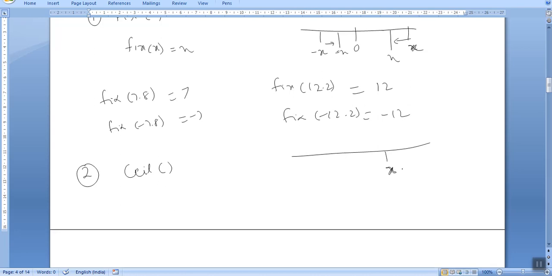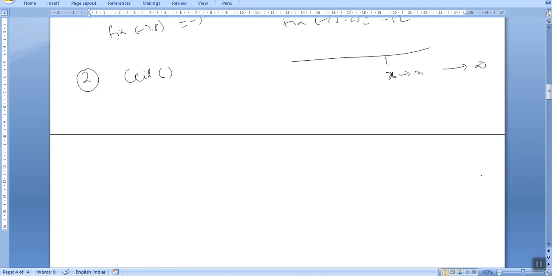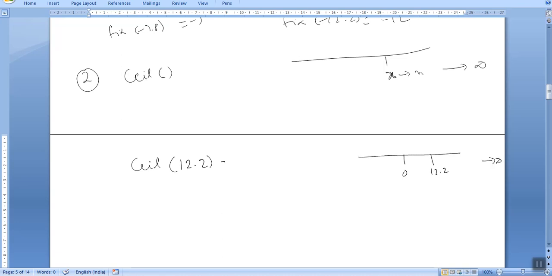Now find the nearest integer towards positive infinity. For example, ceil of 12.2. Now this is 0, 12.2. So towards positive infinity, the next integer is 13.